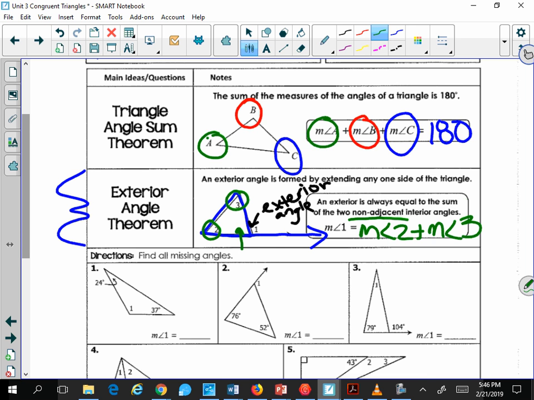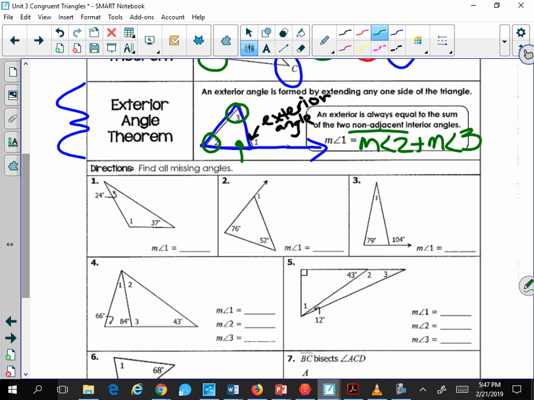So let's actually see how we're going to use those things. For example, I'm going to look at number 1 right here. Number 1, they're asking me to find the measure of angle 1. Well, I know, first off, I don't have any exterior angles there, so I'm not really dealing with any of that business just yet. But I know that there's 180 degrees in this triangle regardless.